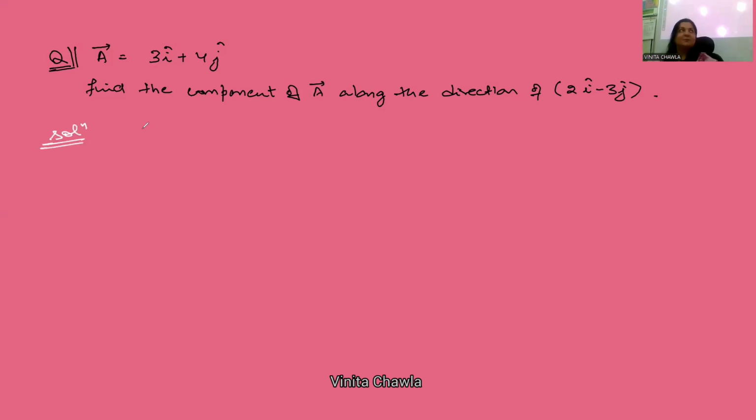Vector A is given. Vector A is equal to 3 i cap plus 4 j cap. And let this vector be vector B. So vector B is 2 i cap minus 3 j cap. Now we have to find the component of vector A along the direction of B. So let the angle between these two vectors be theta.